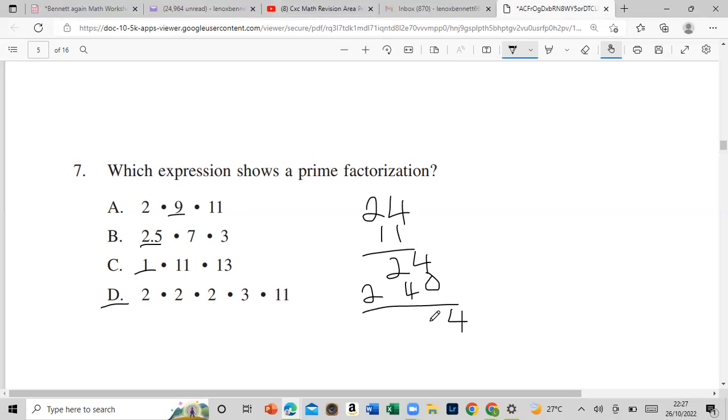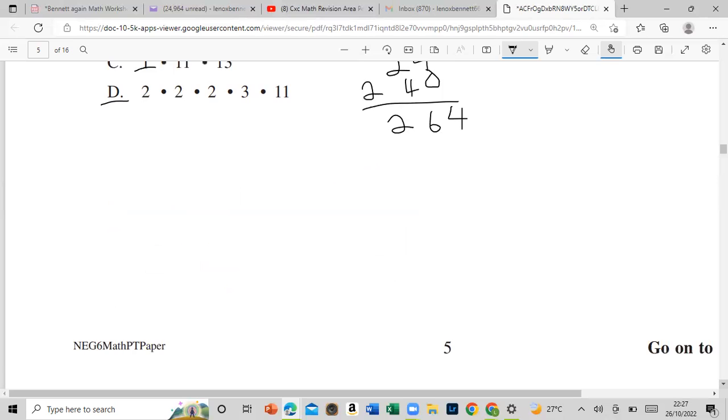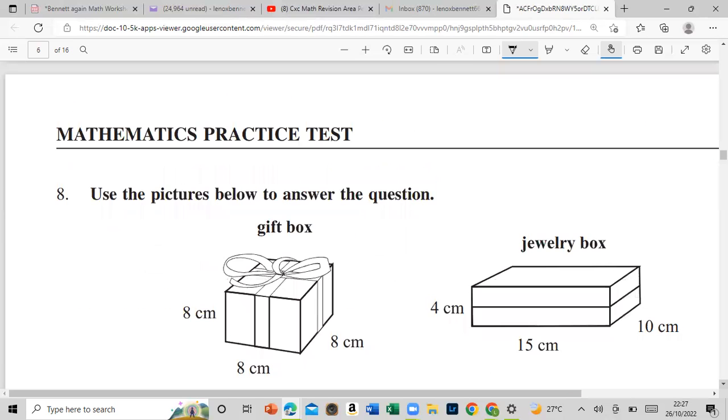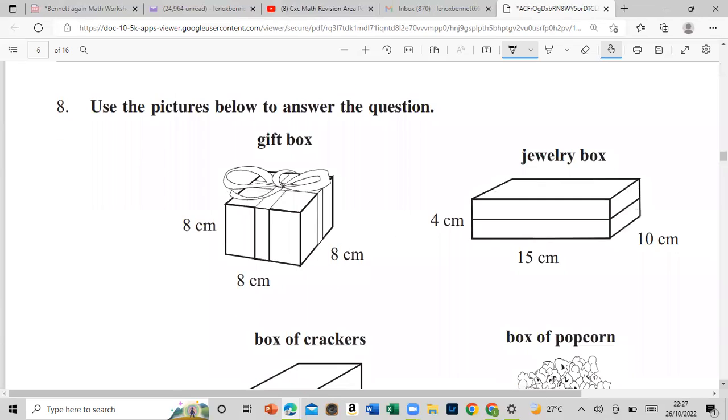This is the actual number that it represents. So that's D. That was not necessary. So that's just isolate D and move on. But Mr. Bennett is the type of teacher to give you guys all the information.